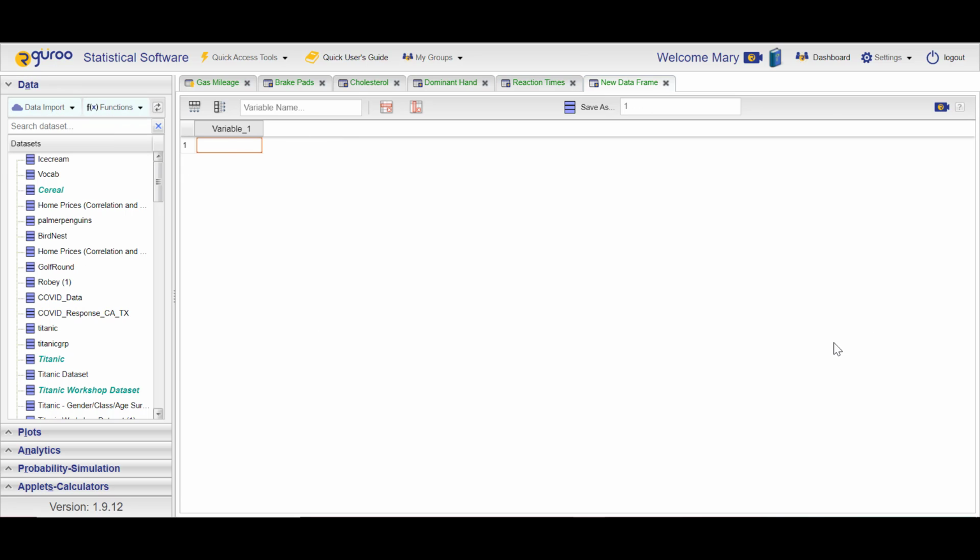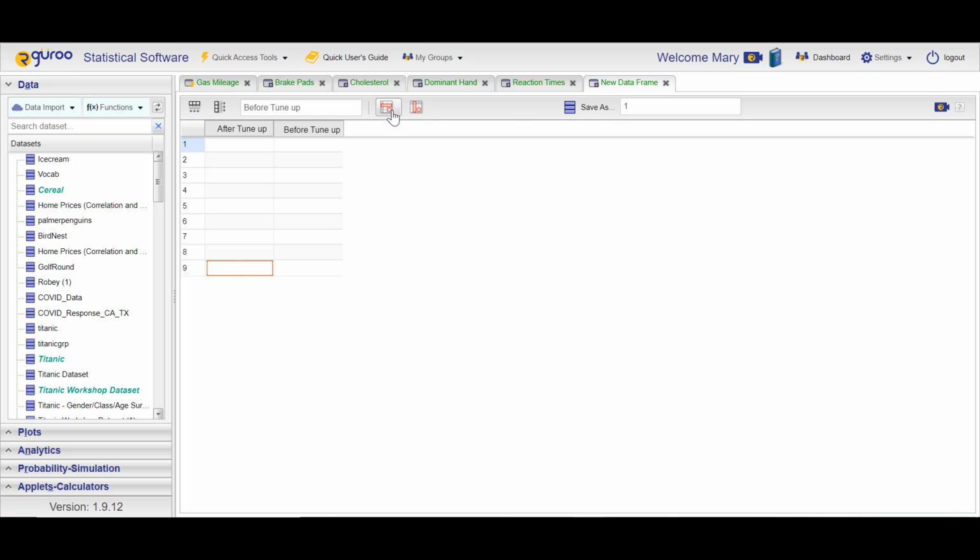So for every variable, so we have after tune-up, you would type in after tune-up, and then you would add, that's one column, and you would add a second column by clicking here, and you would type in before tune-up. And then to add rows, you click this button, and there were 8 cars. So you would click it until there were 8 rows.